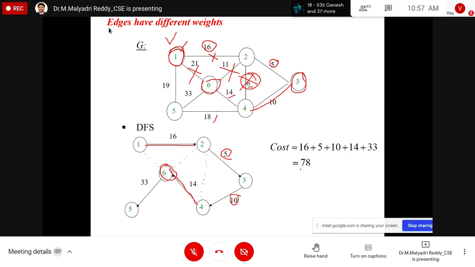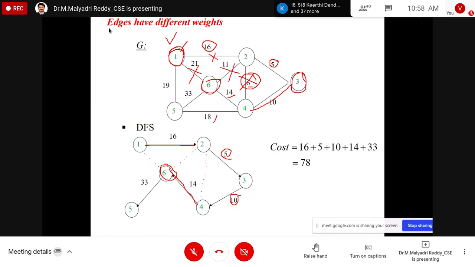Are you getting any confusion on this one? Yes, sir. We can choose multiple paths in DFS, no? Suppose we took different nodes and from there we made a path. Does the final path that is chosen have any rule that the total cost should be less in comparison to other path costs?